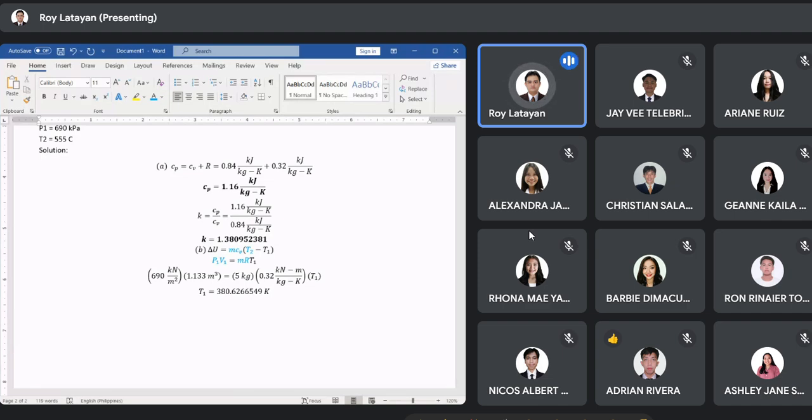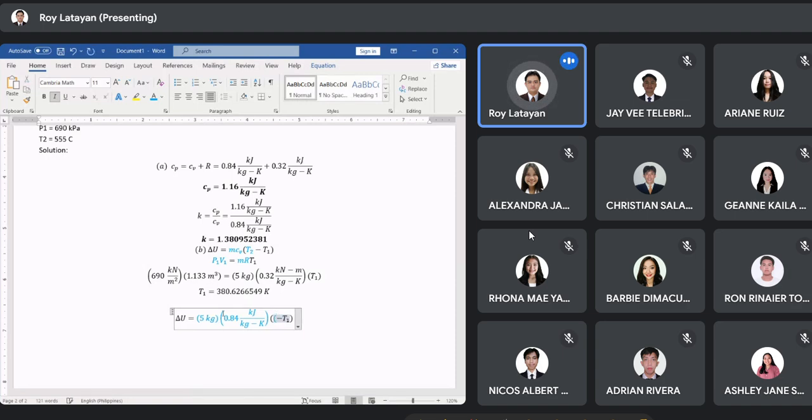So we have now the value of T1, then we can get yung ating delta U. So going back to delta U, so R is 5, Cv is 0.84 kilojoule per kilogram Kelvin, times T2.